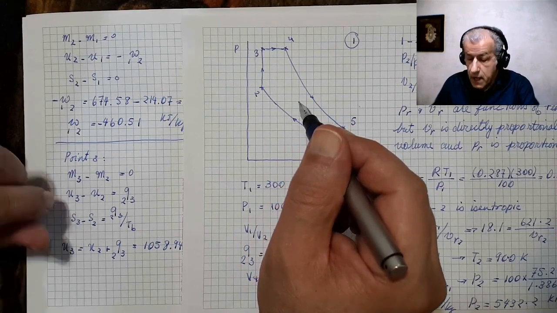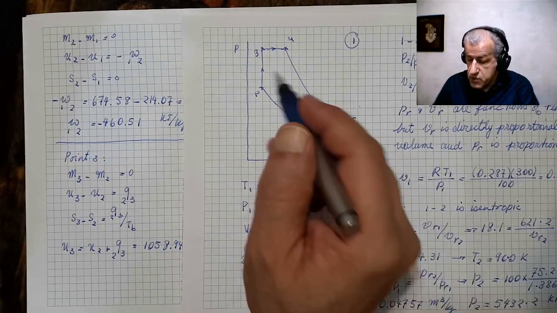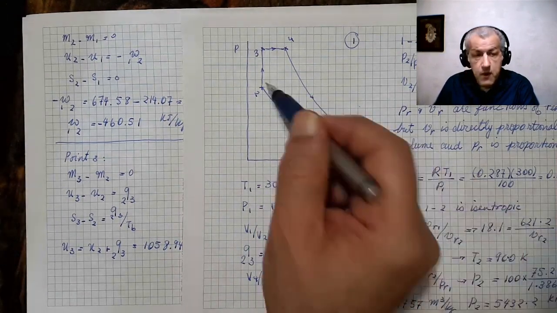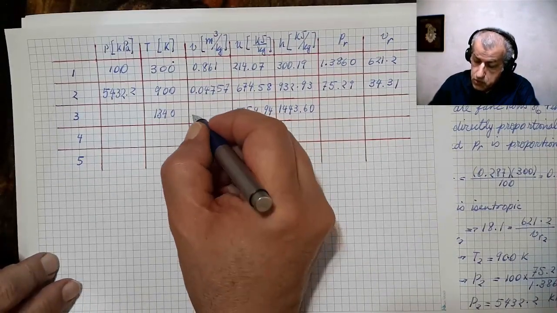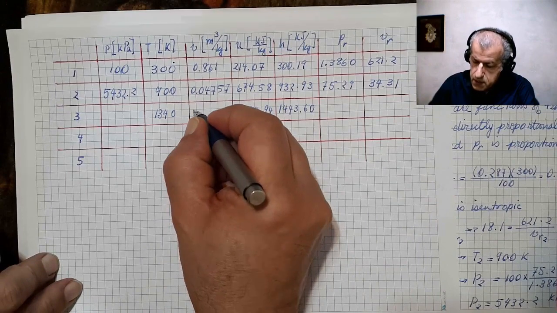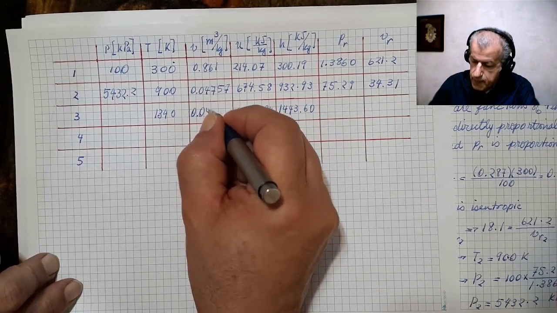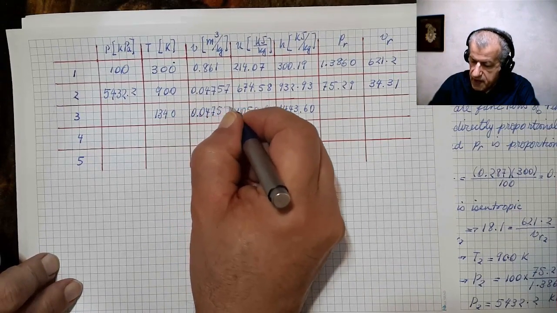Now, the other knowledge that we have for point 3 is that the specific volume is equal to that of point 2. So its specific volume is also 0.04757.